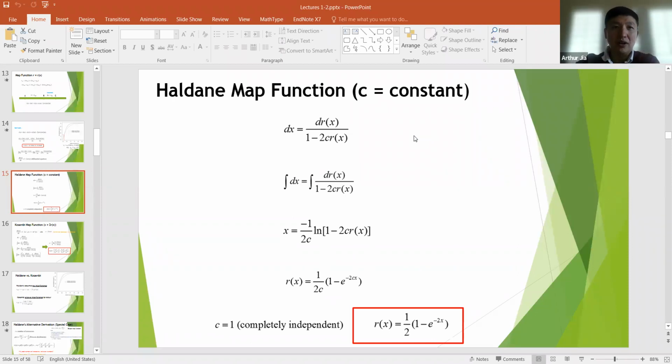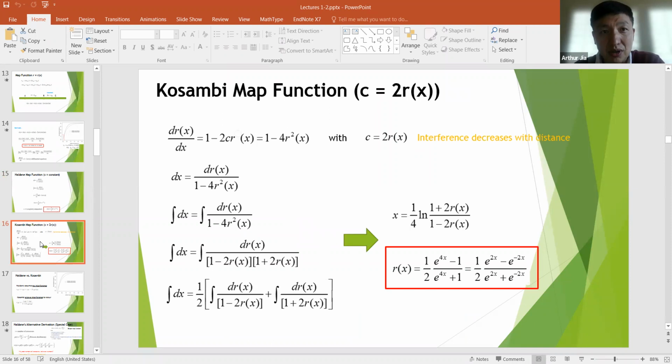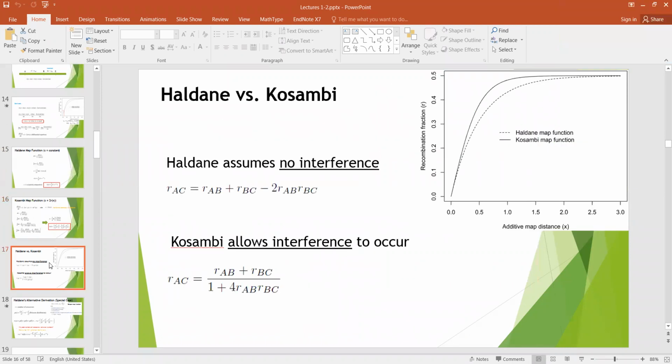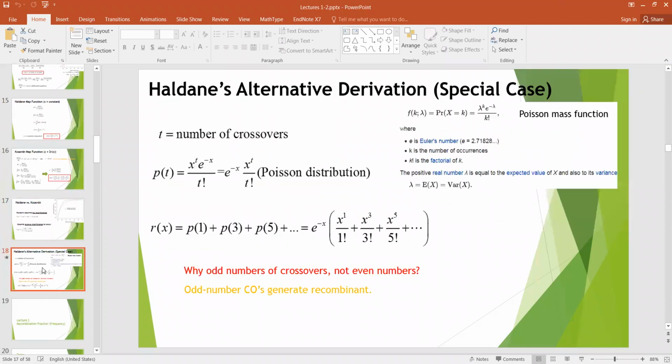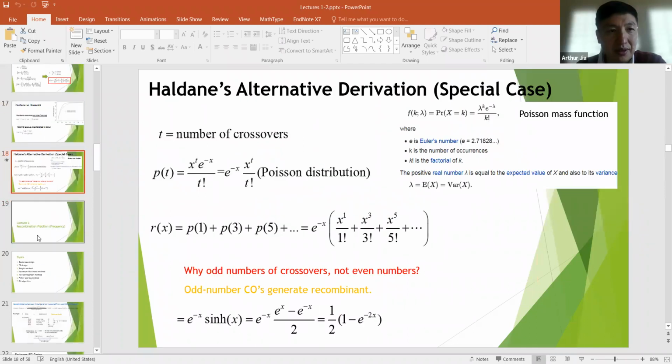So in Haldane map function, this C is a constant, but in Kosambi, it's not, right? So that's the difference. So you need to understand the difference between these two map functions here. Okay, so I think that's the first chapter.